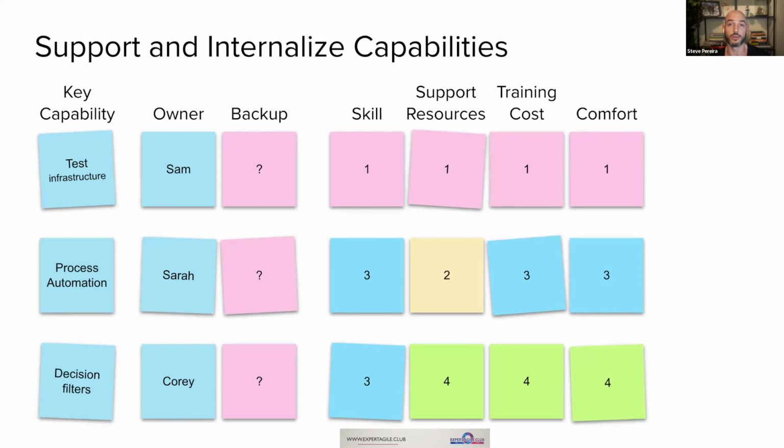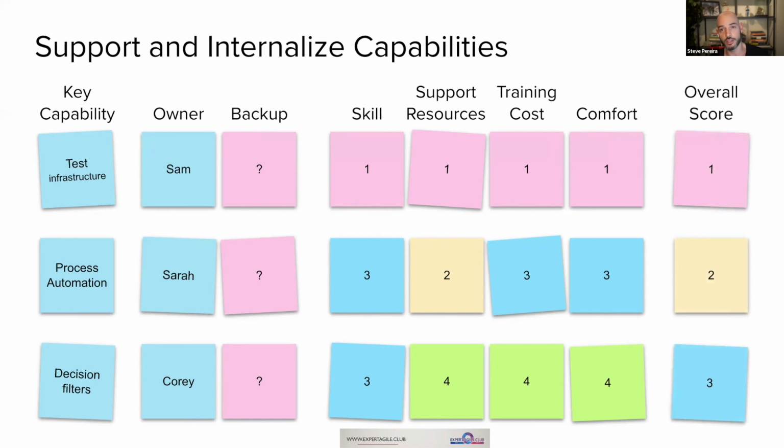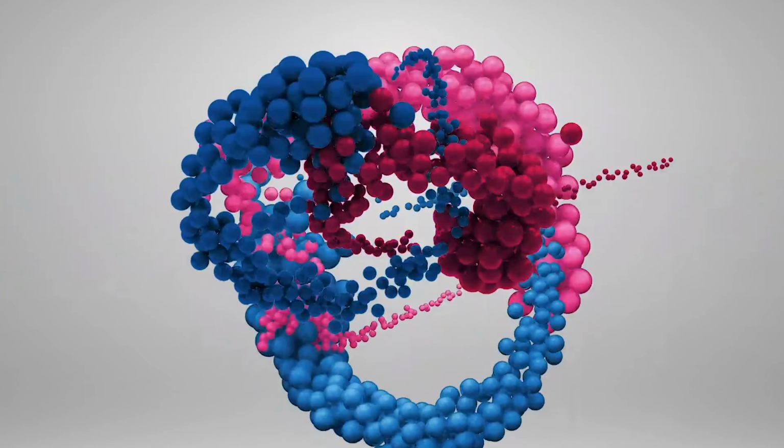If they feel like it's going to actually make their jobs more complicated or risk their current velocity, then maybe it's not the right time. Maybe we don't have everything that it's going to take to support that effort. And all that gets factored into an overall score. So we start to see, okay, where the difference between where we want to be with a capability versus where we are.